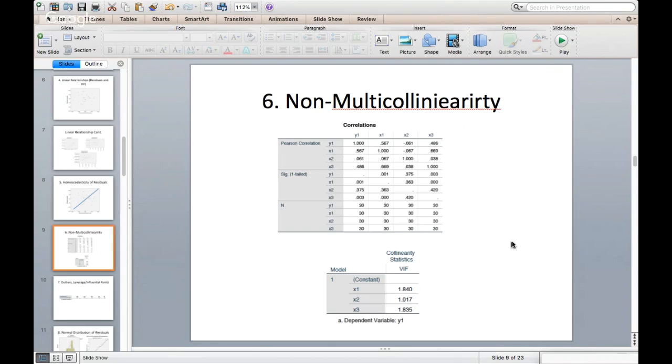To further verify that I did not violate this assumption, we looked at the variance inflation factor, and the rule of thumb is that a variance inflation factor around 1 is acceptable. When you get closer to 5 or 10, that's when you really need to start looking at your data. So I don't have reason to believe that I violated that assumption.